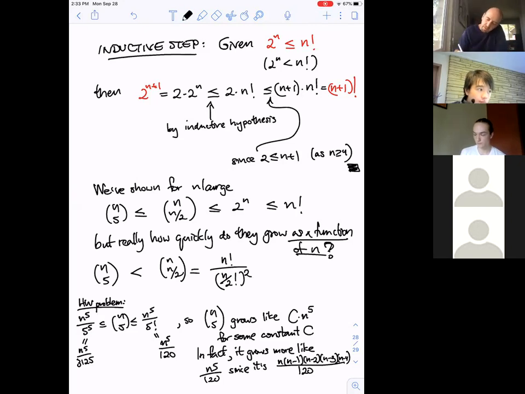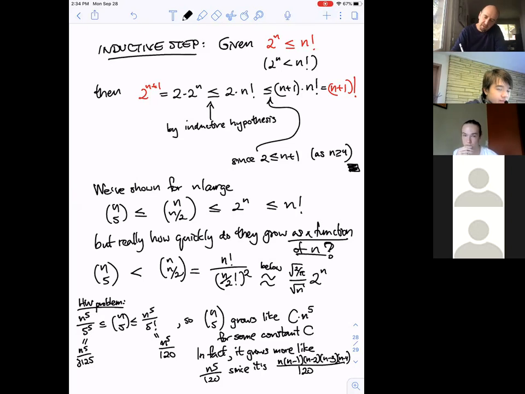And what I'm going to show you below, using Stirling's approximation, is why this thing really grows much faster. It doesn't grow like a constant times n to the 5th. This one really grows almost like 2 to the n itself, except we have to divide by a square root of n, and then I have to put a constant up here, which is almost 1. It's the square root of 2 over pi.